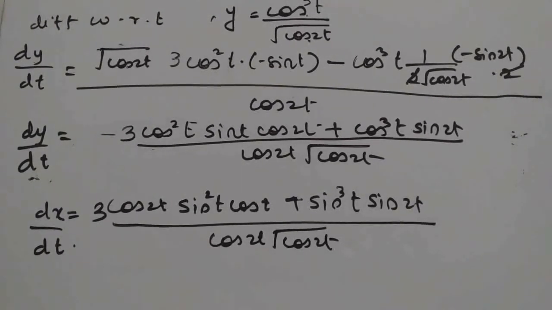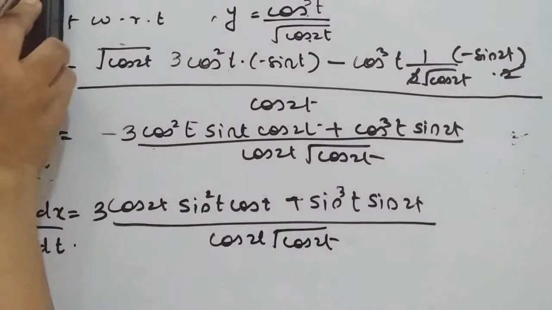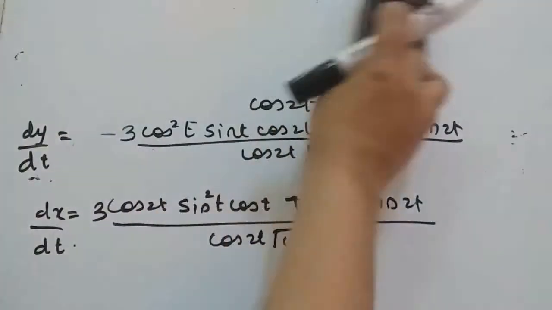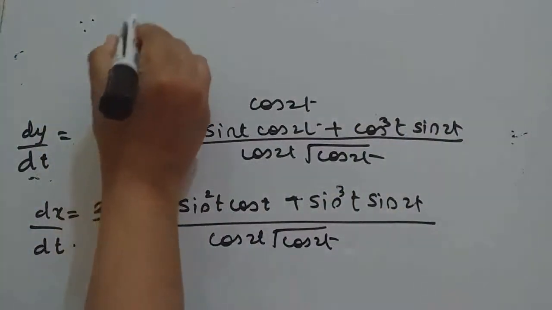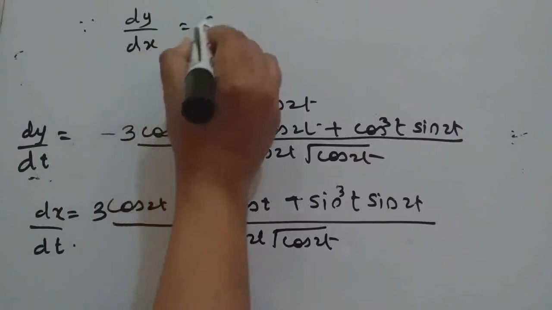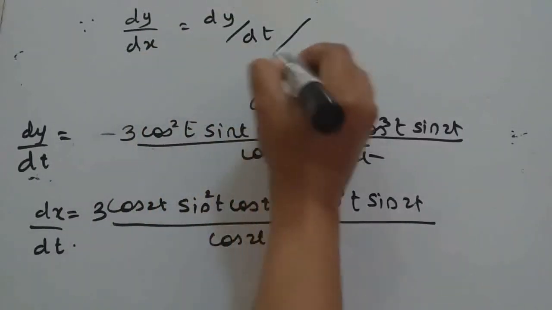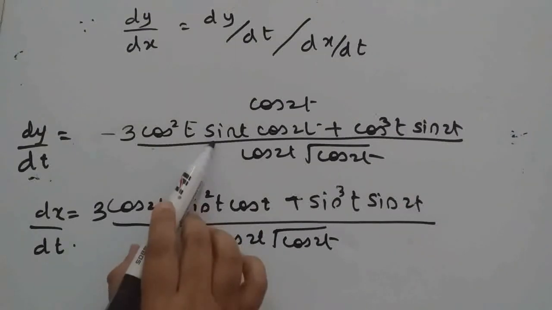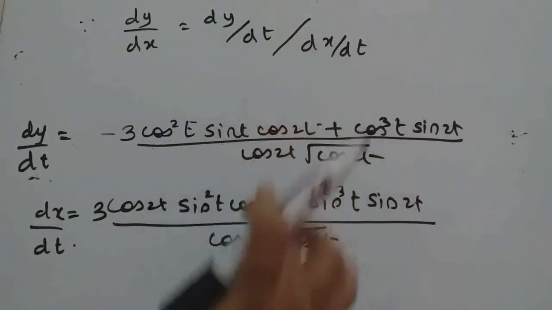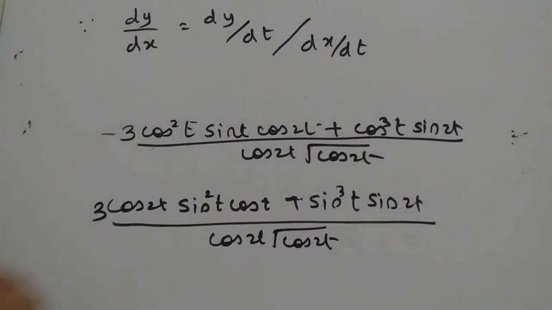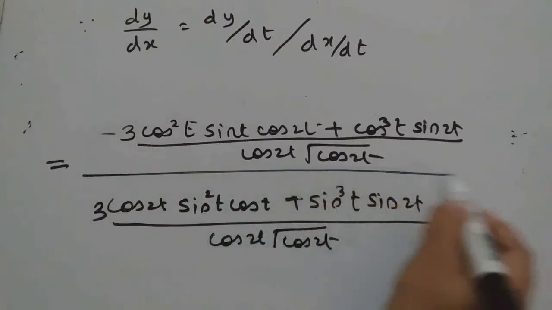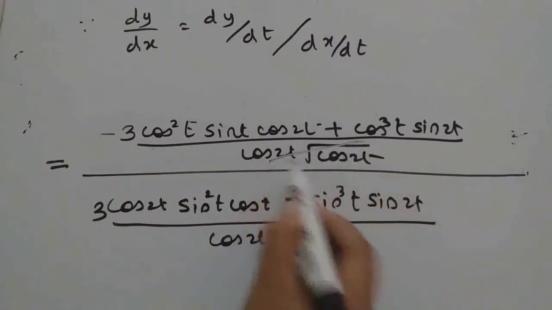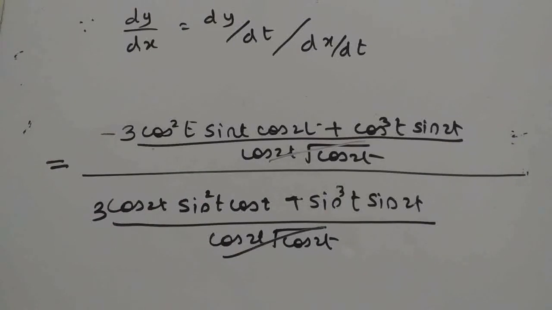Since we know dy by dt, we will write here, since dy by dx is dy by dt divided by dx by dt, isn't it? So numerator this we will write, denominator this one. So see, this both denominator will go and we will be left with numerator.